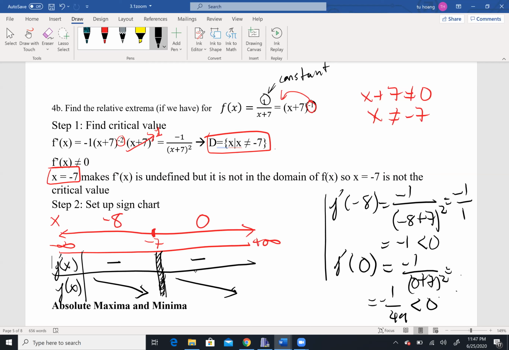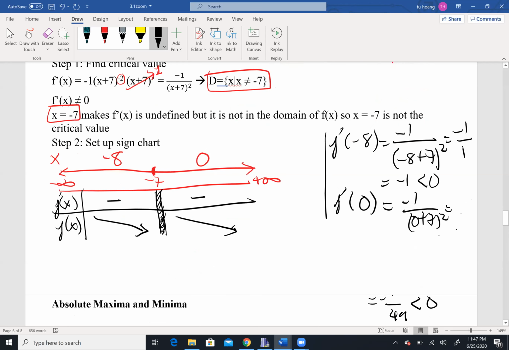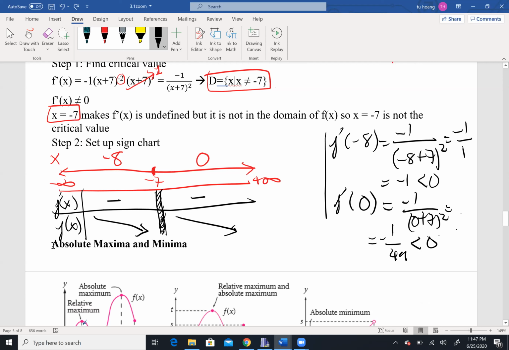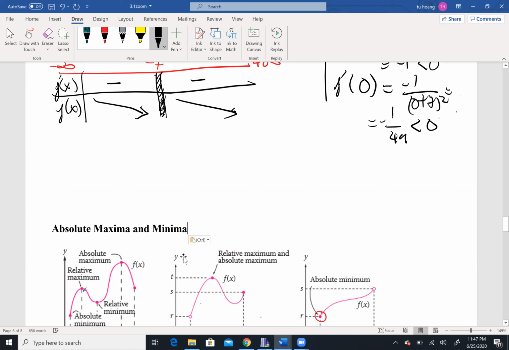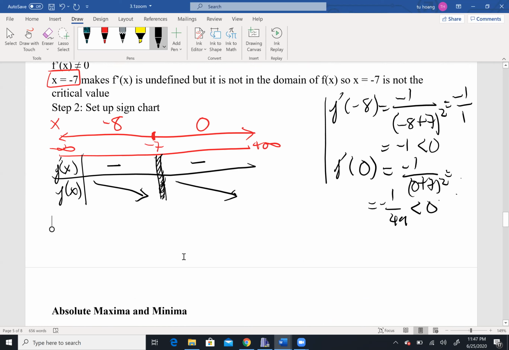Since you don't have any value that makes the function f(x) change from decreasing to increasing, they all keep decreasing from negative infinity to positive infinity.